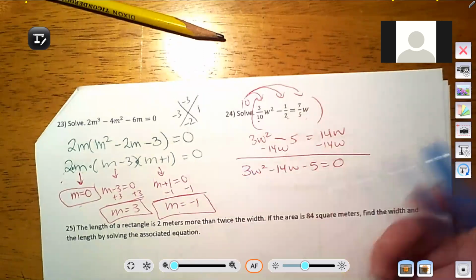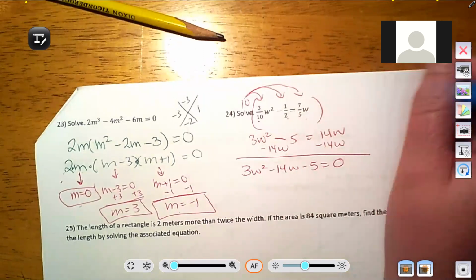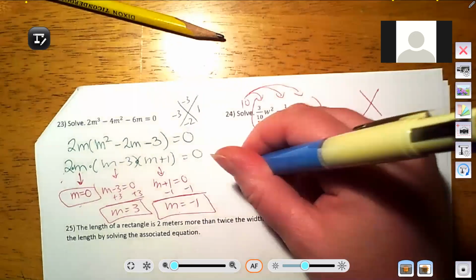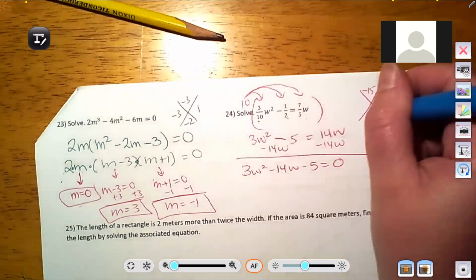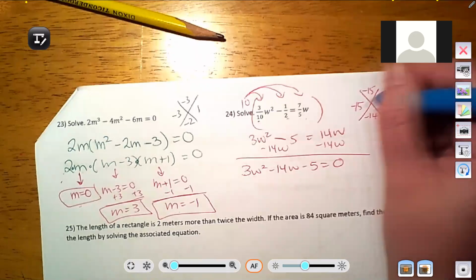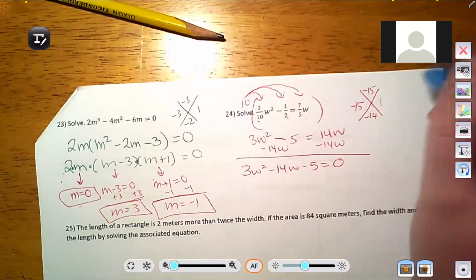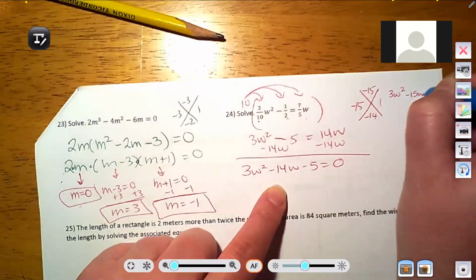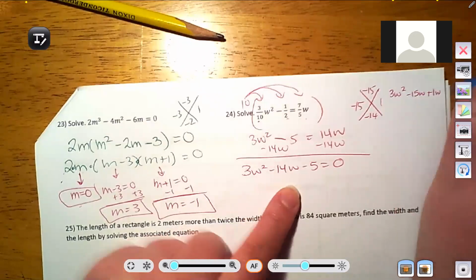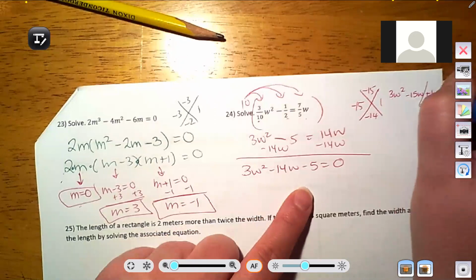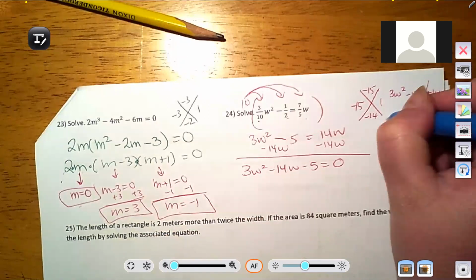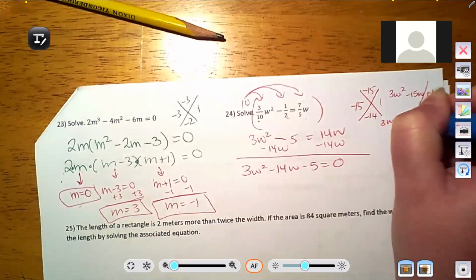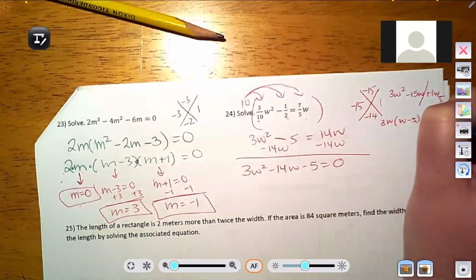I have an a that's not 1, so when I factor, I'm going to do my scratch work over here. 3 times negative 5 is negative 15, negative 14, negative 15, and 1. Grouping. Because my a is not 1, pull out a 3w, w minus 5, pull out a 1, w minus 5.